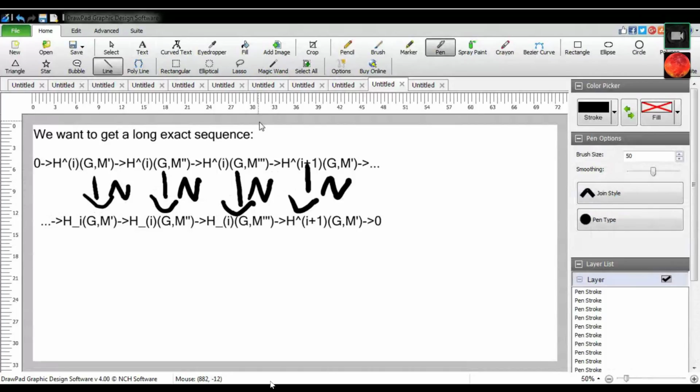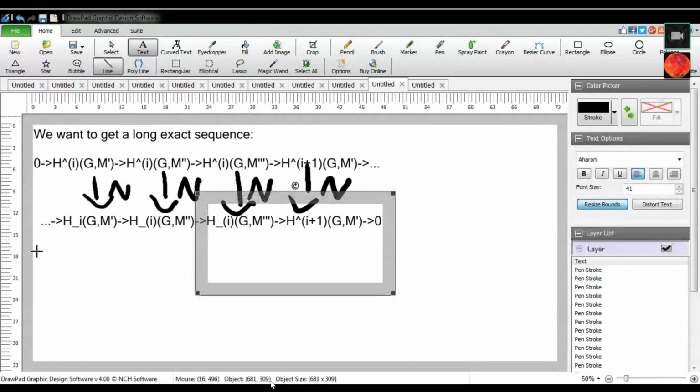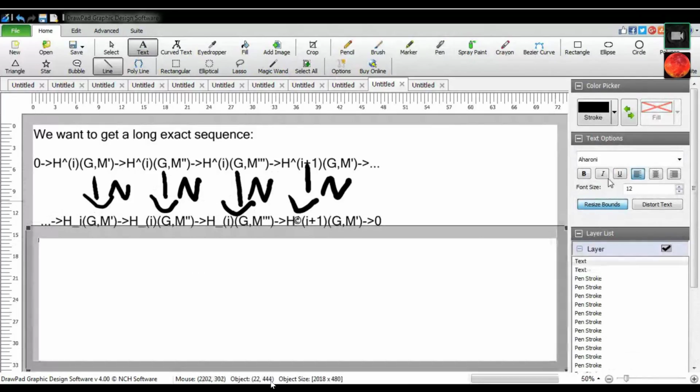And what does this commutative diagram mean? It means that by the snake lemma, we get a long exact sequence. This long exact sequence has a particular form.